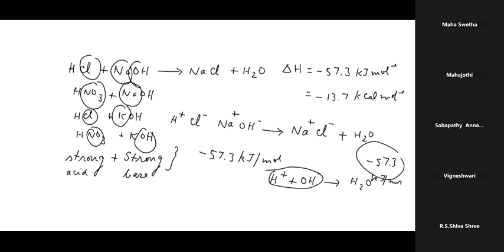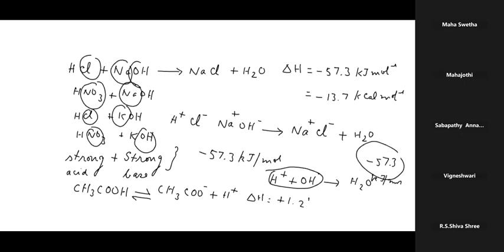But if you take a weak electrolyte, like acetic acid, it ionizes only to a small extent to form an acetate ion and H plus ion. But this ionization is an endothermic process which consumes an energy of plus 1.2 kilojoule.